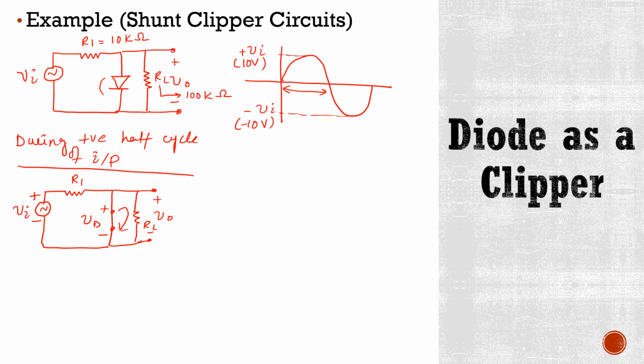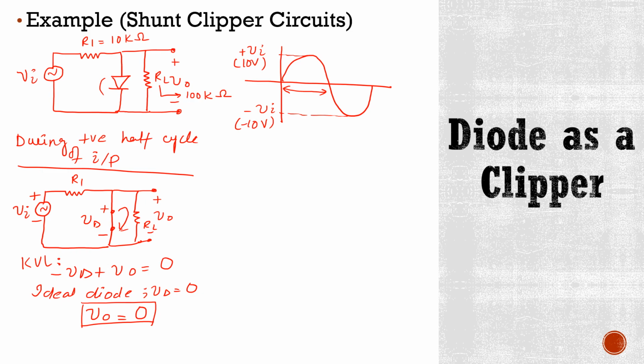If we apply KVL here, our equation will be minus VD plus V0 is equal to 0, and if we assume that this diode is ideal, it means this VD is 0. It means here output voltage is 0 during positive half cycle of the input signal.